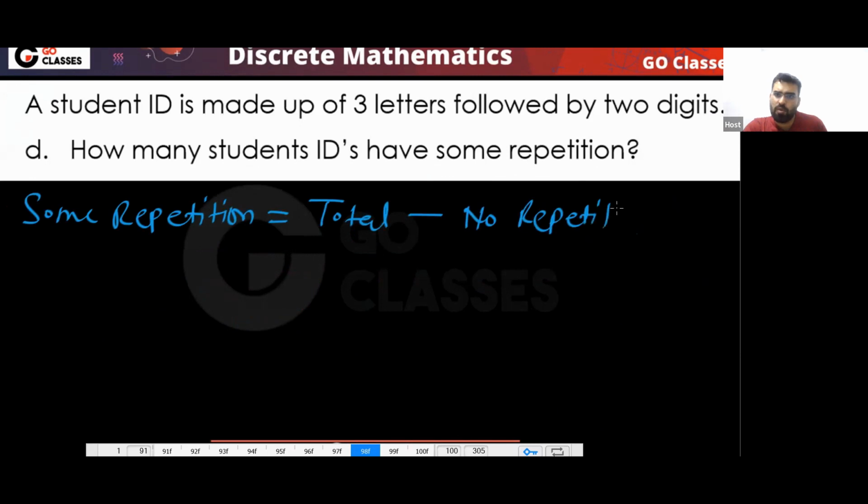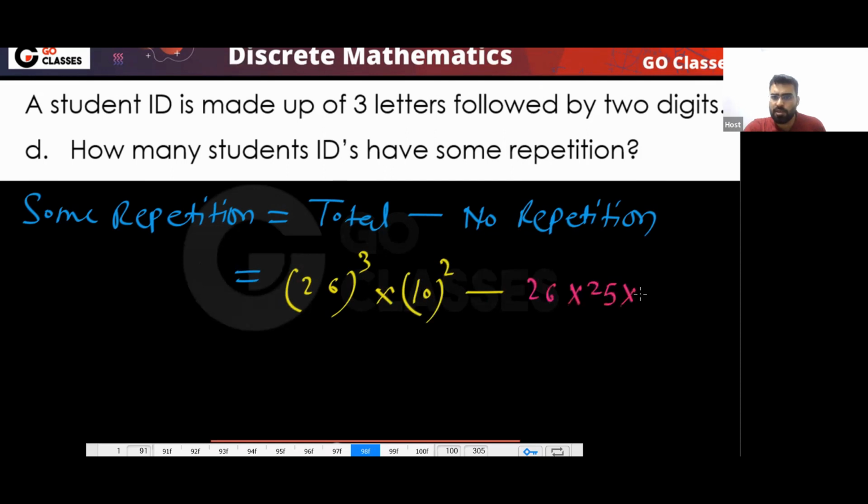From the total, if I remove no repetition, what is the total? Total is 26 power 3 into 10 to the power 2, minus no repetition. No repetition means 26 into 25 into 24 into 10 into 9.